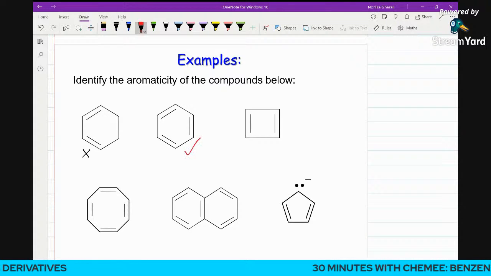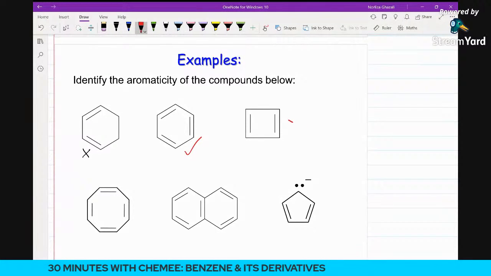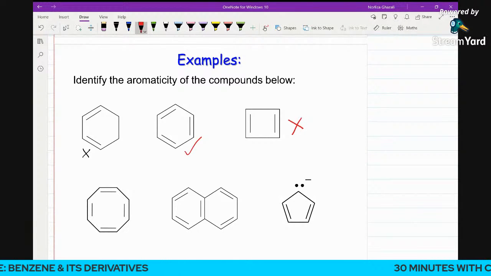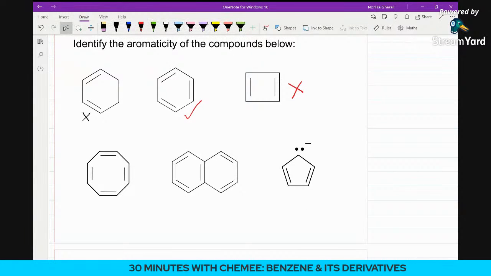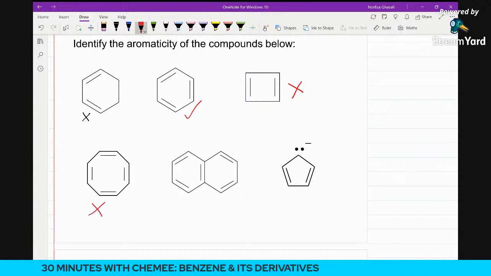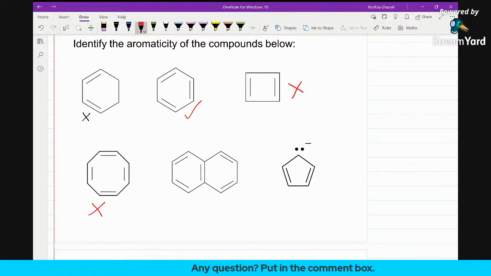So this is an aromatic compound. Okay, and number 3, this one cannot be an aromatic compound because it has only 4 pi electrons, right? Number 4 also cannot be an aromatic compound. Okay, compound number 5 has 1, 2, 3, 4, 5, 6, 7, 8, 9, 10.